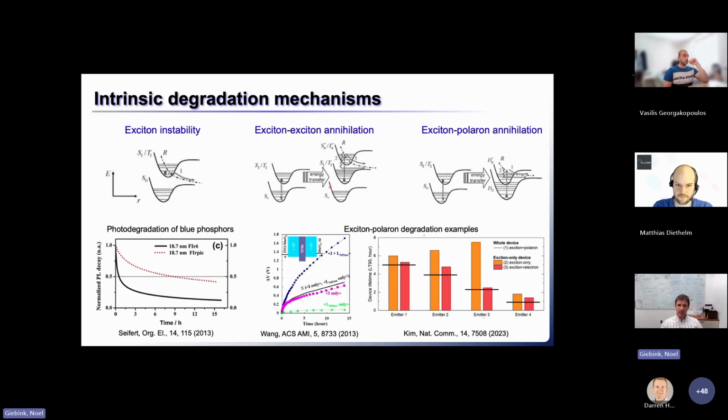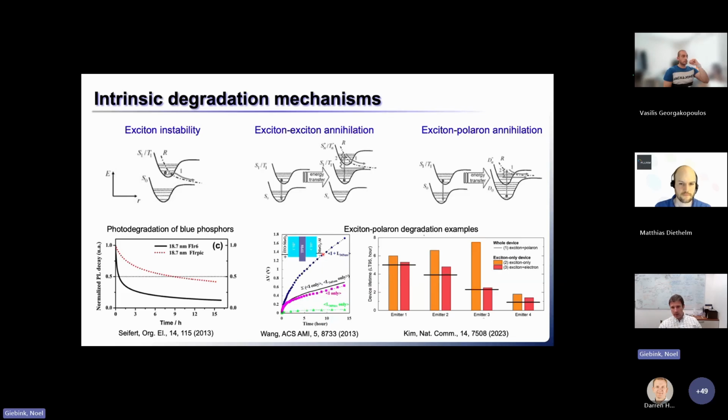And then some of these annihilation-based pathways, in particular exciton-polaron annihilation, which is something that we've long thought has been important. You see good evidence for that as well, and the experiments to that effect tend to look like this, where you have a device and you excite it optically, you run current through it, and then if you excite it optically while running current through it, you see a synergistic effect and much greater degradation.